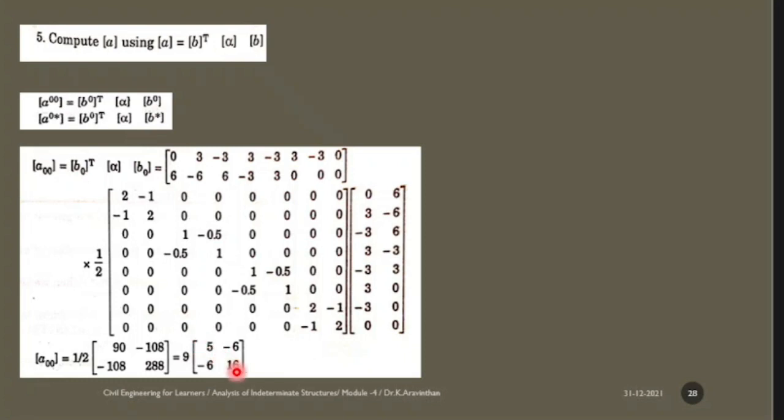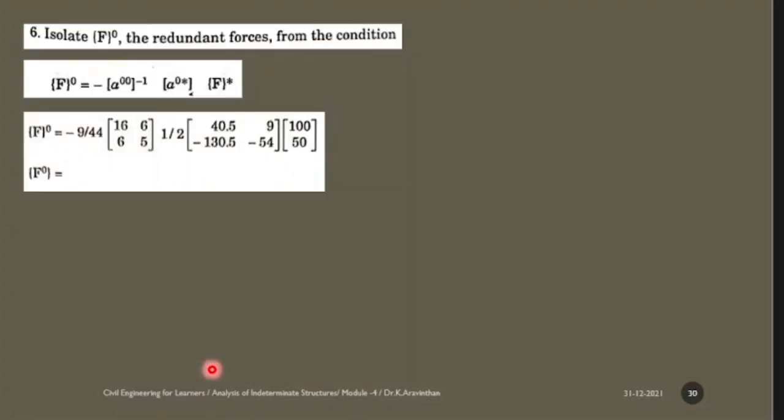If you want to find the inverse, what do you have to do? Interchange the values. That is 16 and 5 will come, and interchange the sign here. You have a minus sign. Now you have to make it a plus sign. See, now it will be in terms of plus.